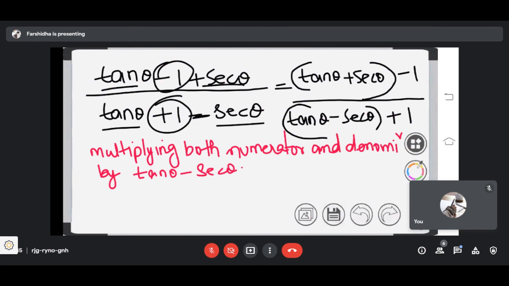Because we need to apply the identity. Identity is what? 1 plus tan square theta is equal to sec square theta. Here we don't have any square terms, right? So that's why we are multiplying the numerator and denominator by tan theta minus sec theta. Because we'll get square terms so that we can apply the identity.